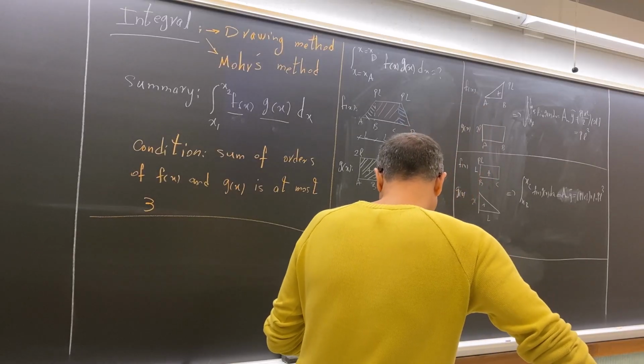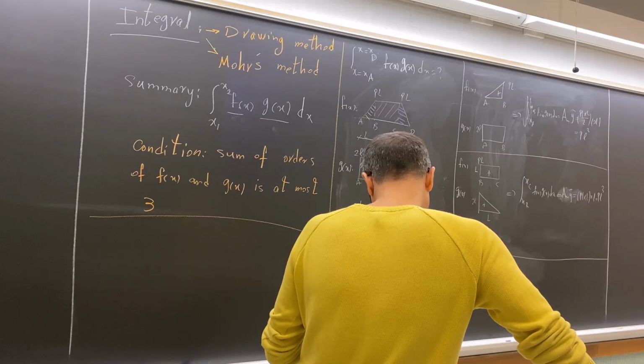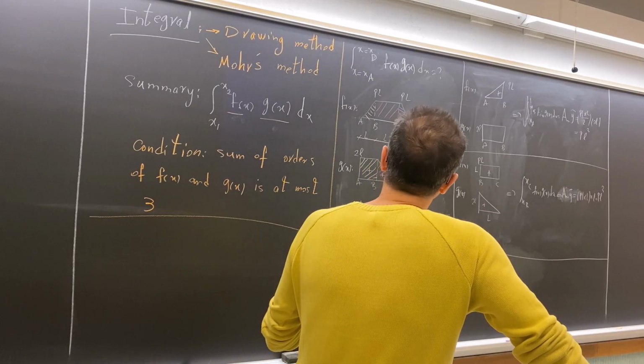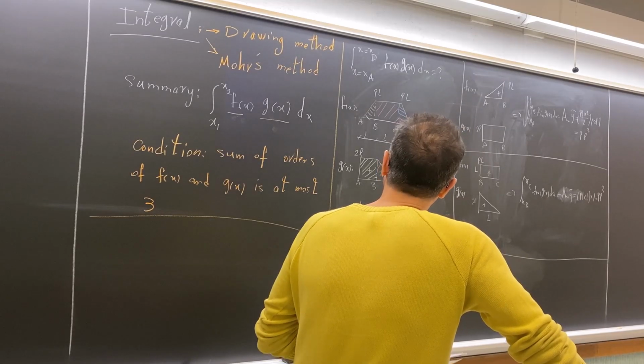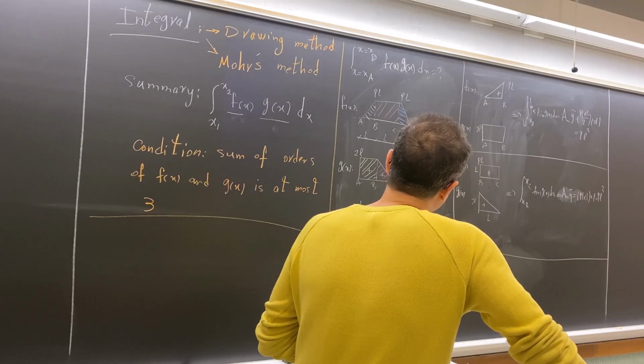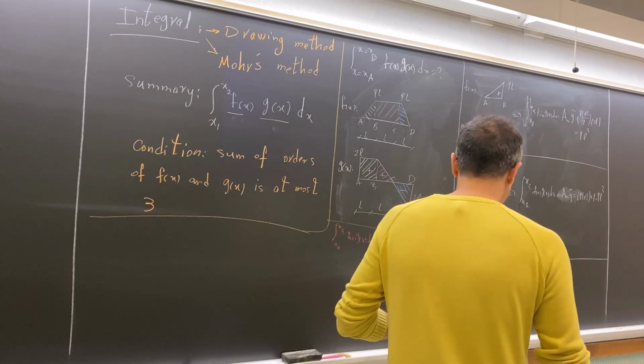So PL times L times the centroid, which is L. So I must give you a dimension. But the dimension is given here. Okay. So now we go for the last one.